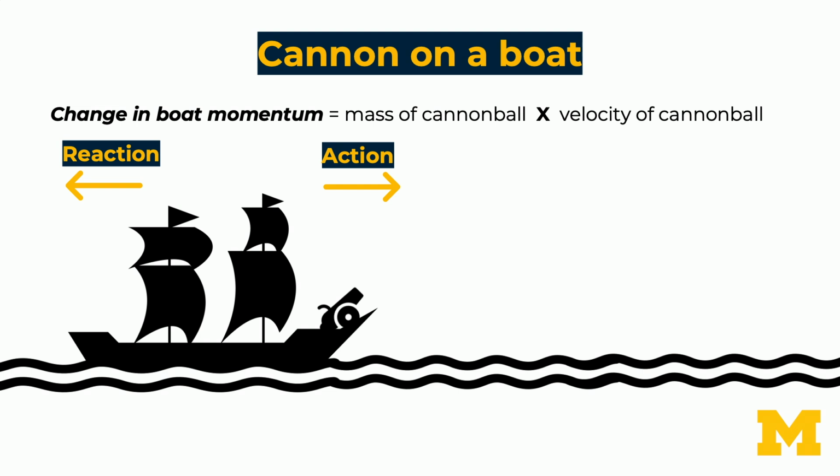So the change in the boat's momentum is that change in the mass, which is the cannonball's mass, times the velocity of the cannonball. Okay? There's an action and a reaction like in Newton's third law. The change in the boat's momentum is the change in the cannonball's momentum also.